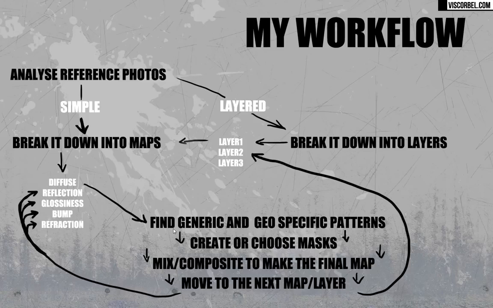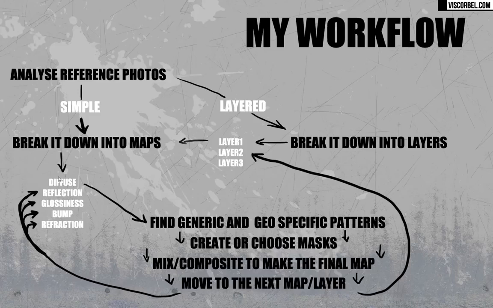And then I take those masks and mix and composite them together to create my final map. And sometimes I do this step in Photoshop if the desired map is very complex or it's simply faster to do in Photoshop. And then I move on to the next map.